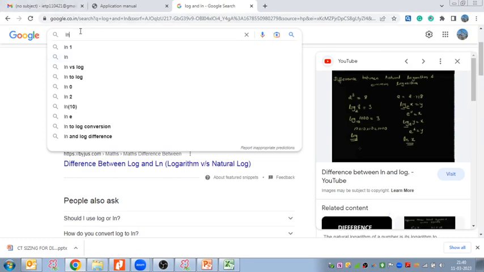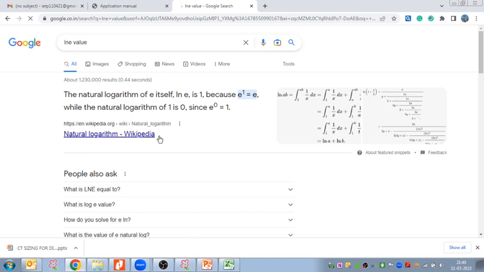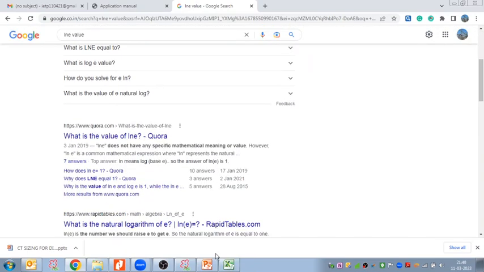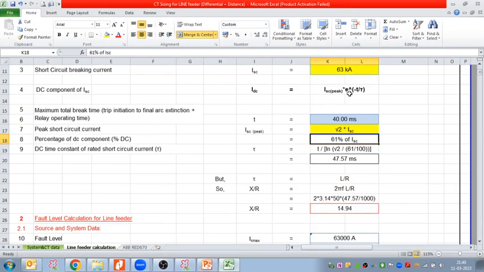If you take ln e, that value will be 1. So ln e, base e, is 1, and ln will come here.